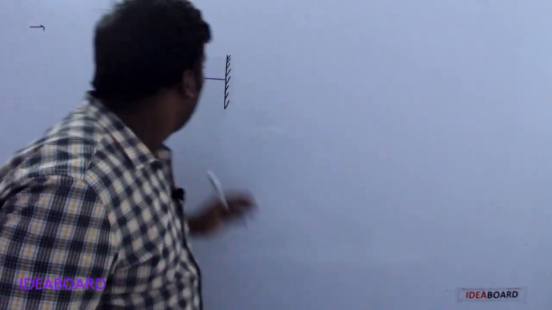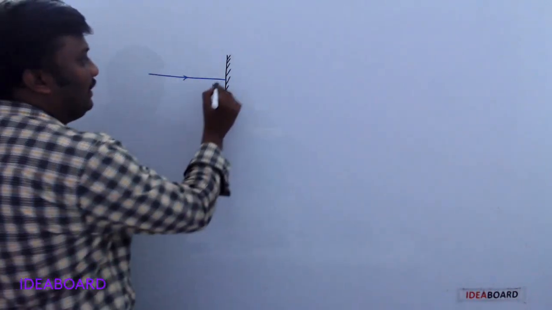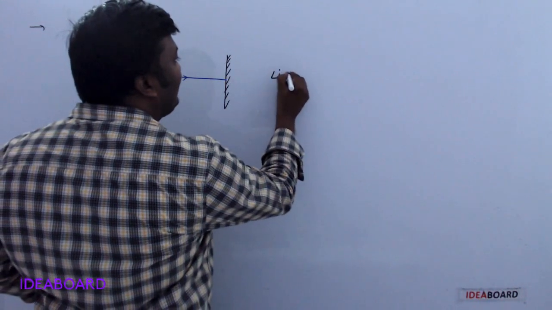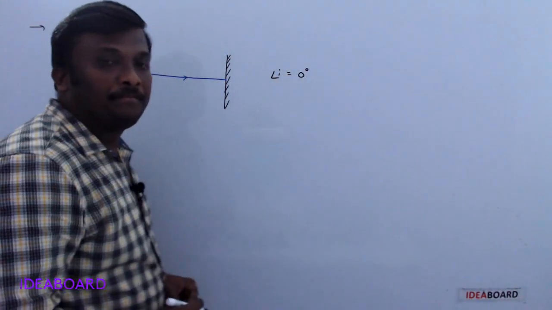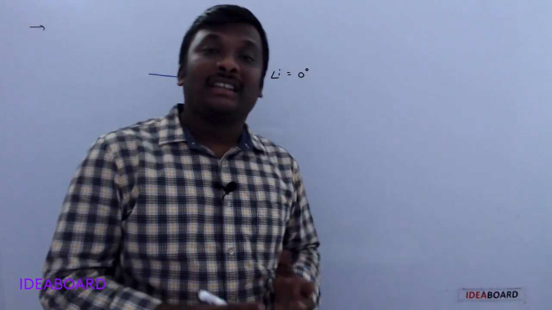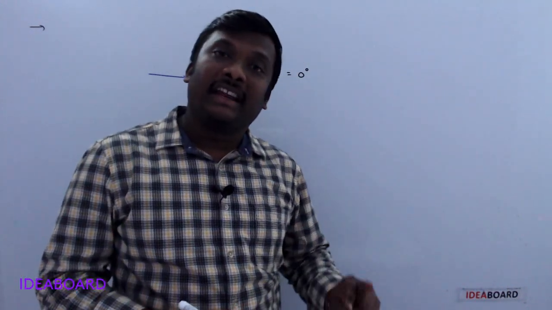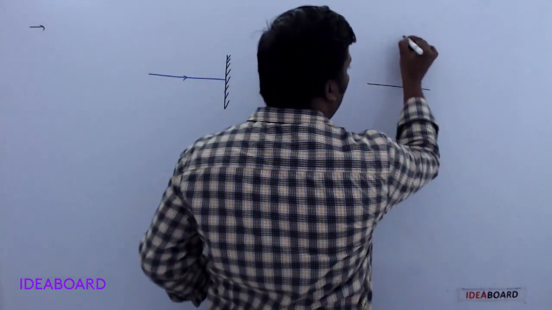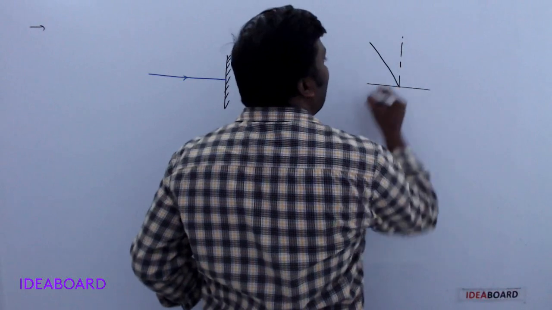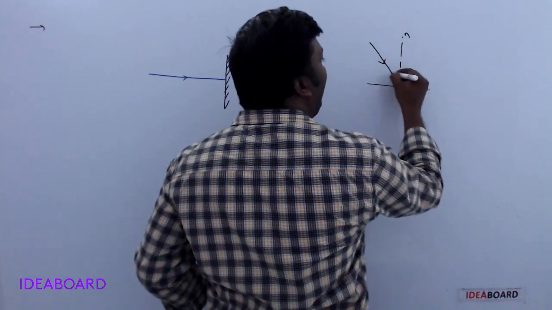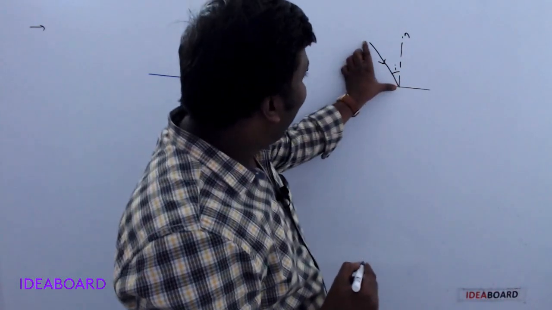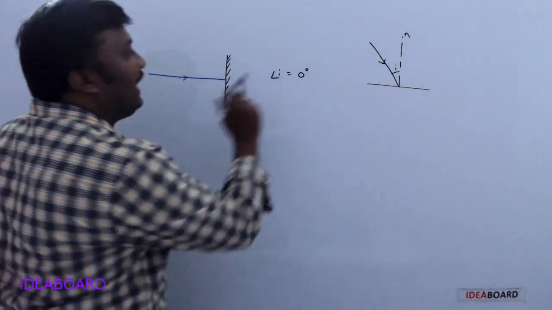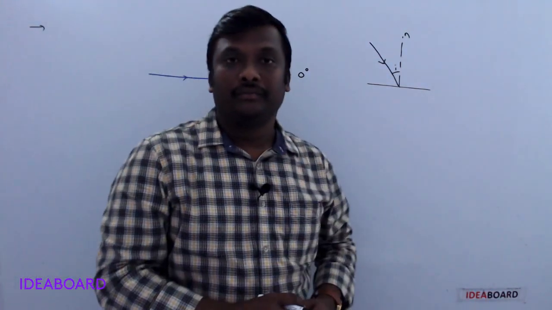Normal incidence means it is along the direction of the normal. So angle of incidence here is 0 degrees. Why? Angle of incidence is nothing but the angle between the incident ray and the normal. Now this ray is incident normally, that means in this direction only it falls. That's why angle of incidence is equal to 0.